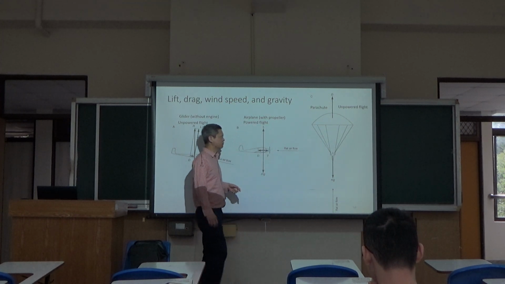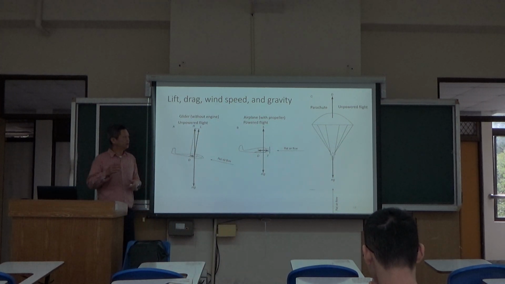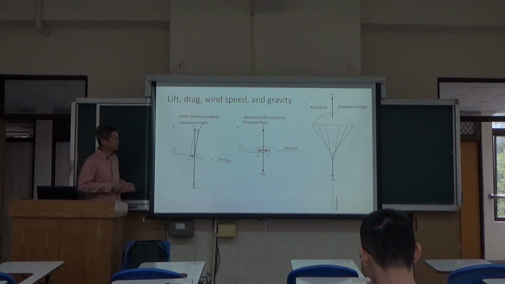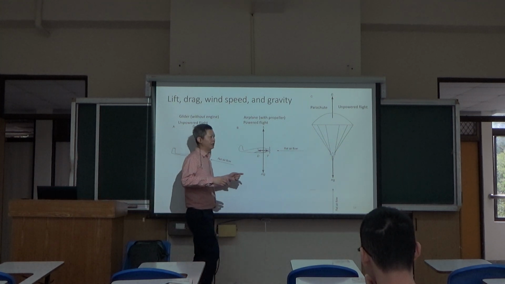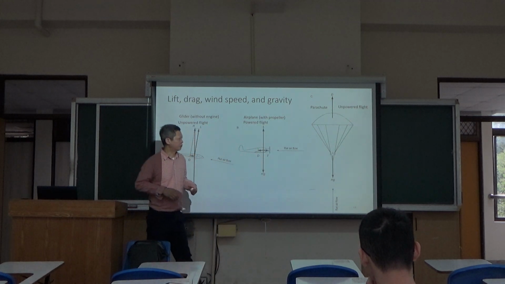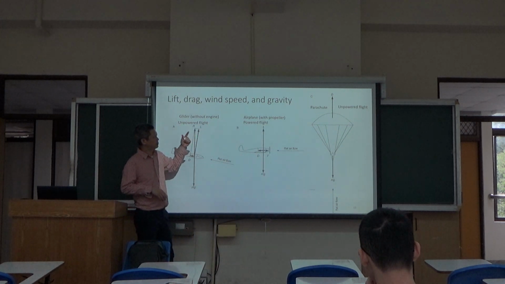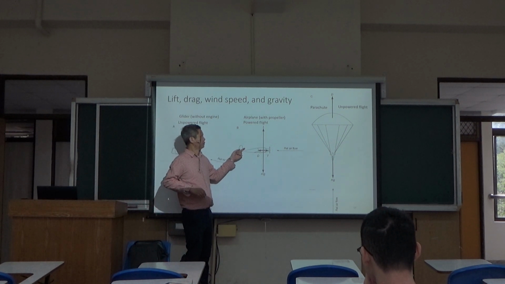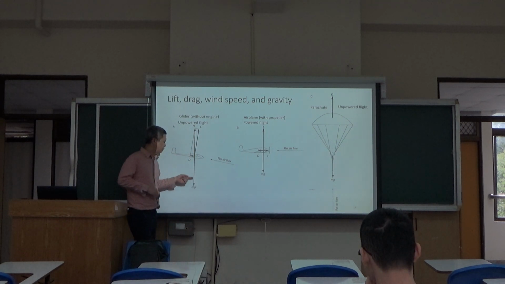Of course, one of the cousins of parachute is the balloon, hot air balloon, or airship. In that case, you get that type of buoyancy to support the weight. But the parachute is using the drag force. So in contrast, a glider and airplane rely on the lift to overcome the weight.